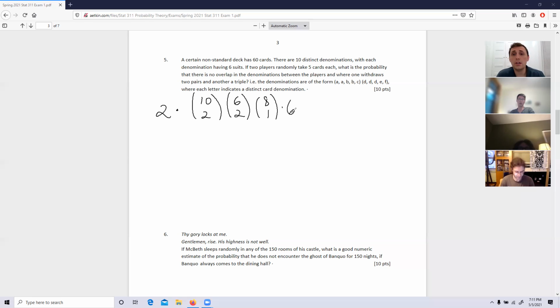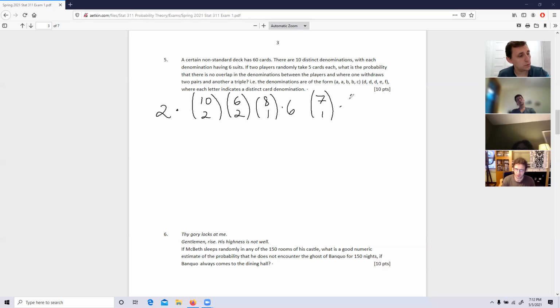For person 2, you see that we cannot have overlap of numbers, so the denomination is not equal to any of the previous ones. So we have 7 choose 1 for the triple, times 6 choose 3 for the suits on the triple.